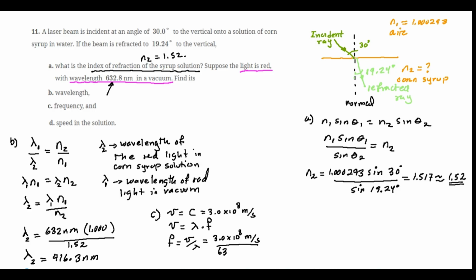Remember that nano is 10 to the negative 9, so 632.8 nanometers is the same, converted into meters, as 632.8 times 10 to the negative 9 meters.